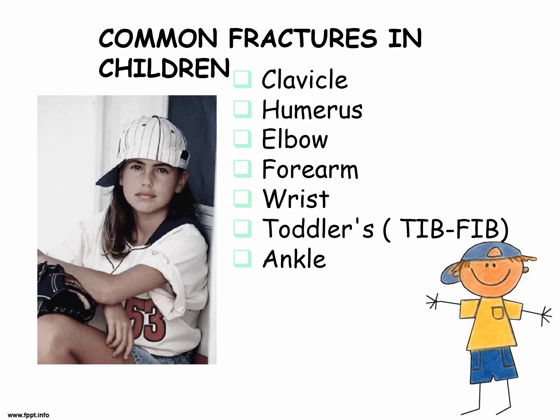Fractures are pretty common in children, but a good pediatric radiographer should be able to distinguish between common fractures and fractures caused by abuse, child abuse. We'll get into that a little bit later.